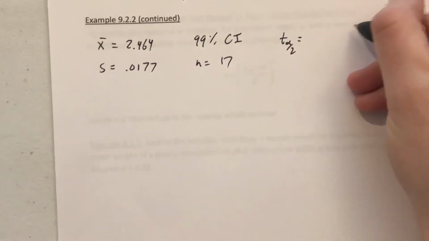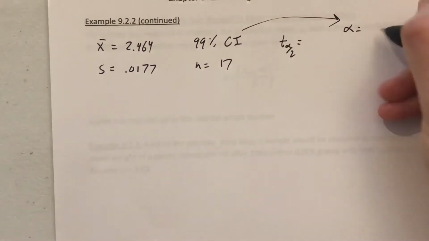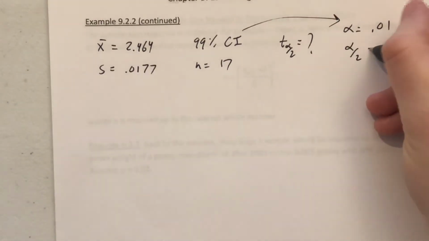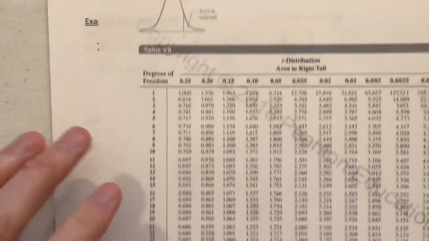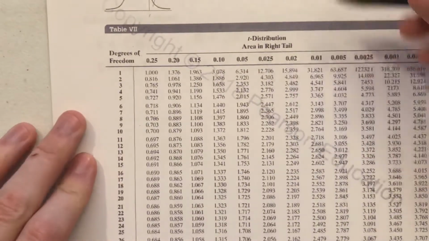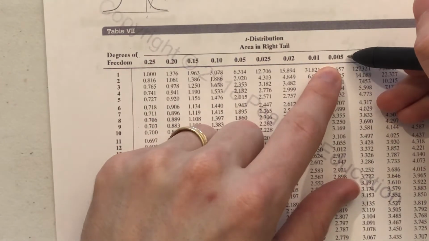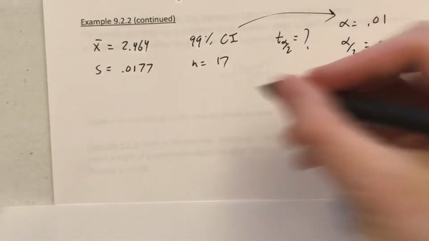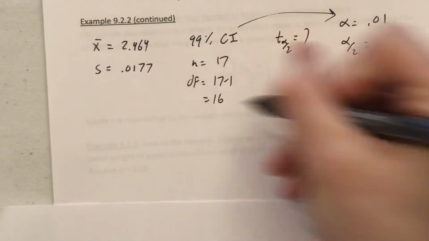Now, to do that, let's point out first that if we have a 99% confidence interval, that means alpha is that last 1%. So alpha over 2 is half of that, so 0.005. On the official t-score chart, it goes much lower, so I do have a value of 0.005. And we can use that n of 17 to say the degree of freedom will be 16.